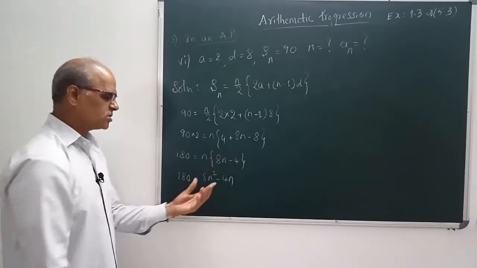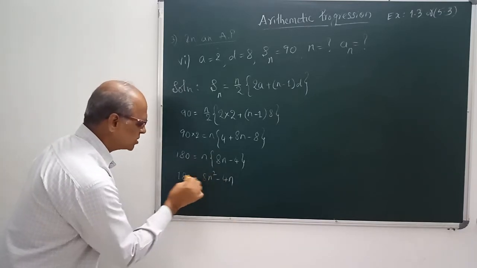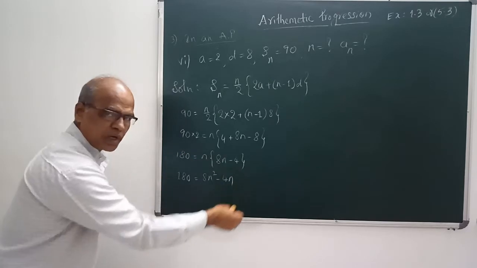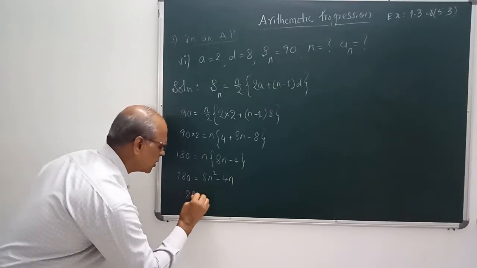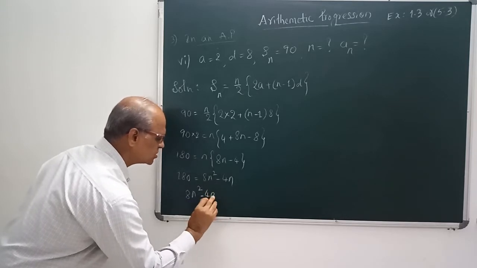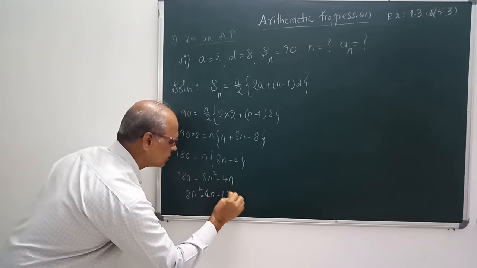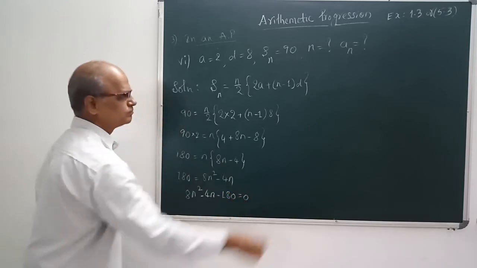Now we have to make this a quadratic equation. That means send this 180 to the right hand side. 8n square minus 4n minus 180 is equal to 0.